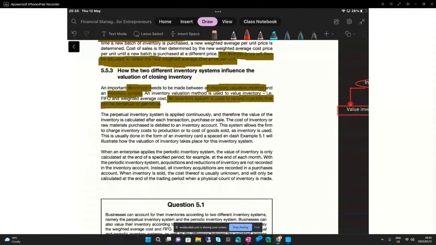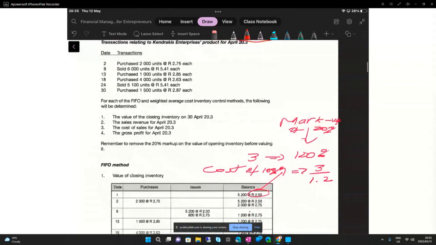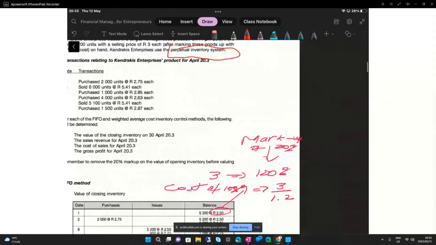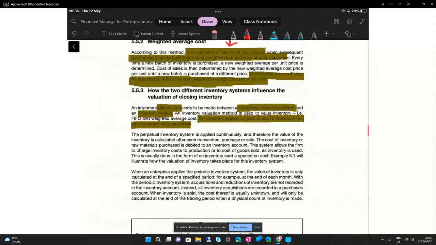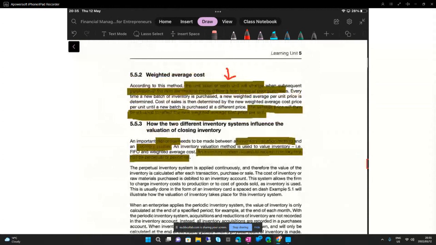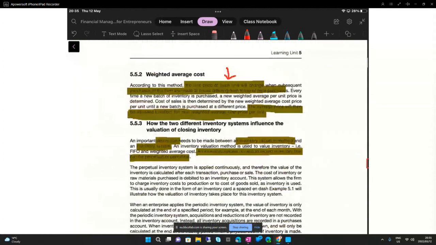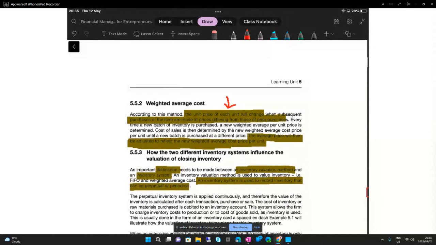Okay, so there are inventory systems and valuation methods. Valuation methods like FIFO, as I call it, first in, first out, and weighted average cost, right?